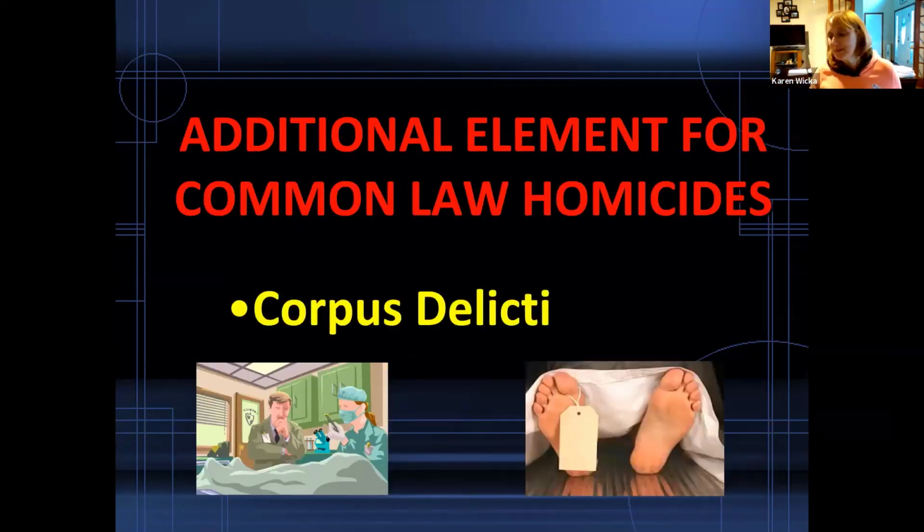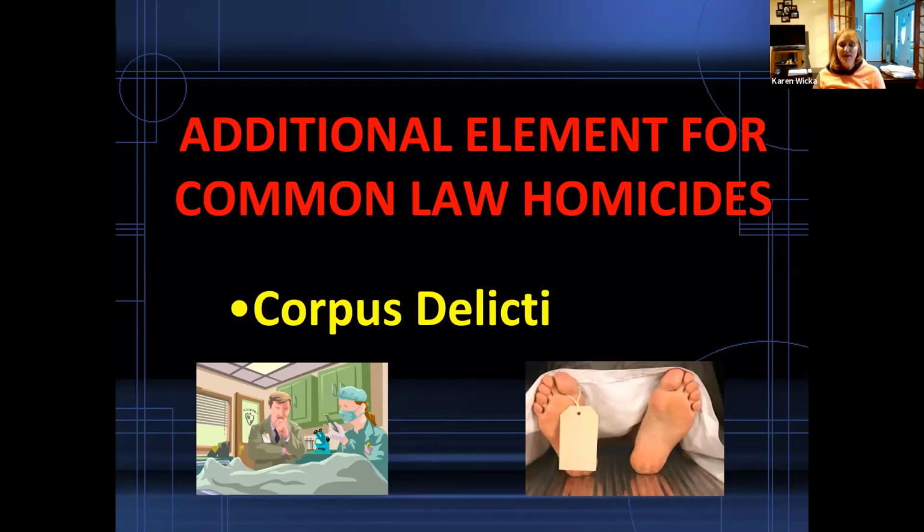Now, sometimes you hear people talk about this additional element of homicide, and it's called corpus delicti. Corpus delicti means the body of the crime, and a lot of times people refer to that as the body. So we have to show that a person died. What's the only way to show that a person died? We have to have a body.